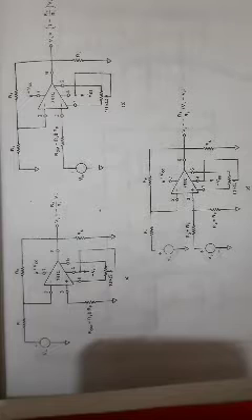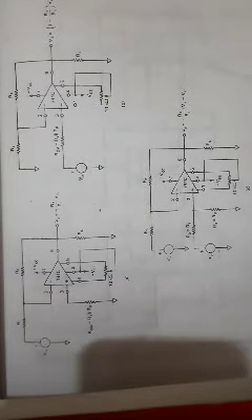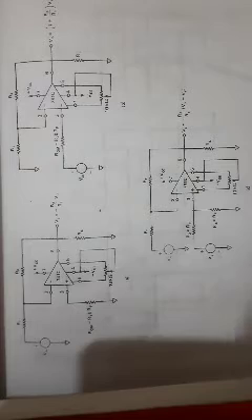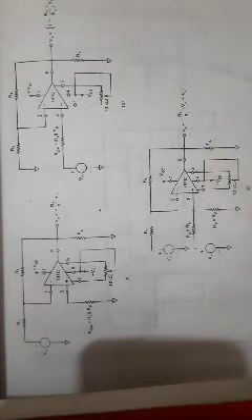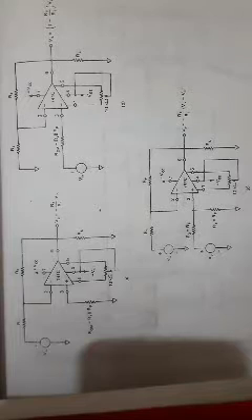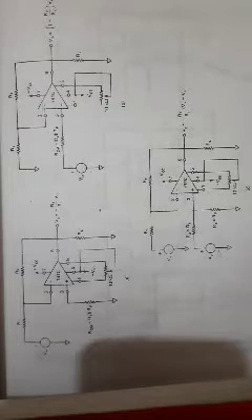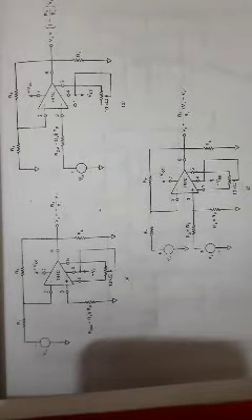But sometimes we may get some output even though the input is 0. That output voltage when the input is 0 is called the offset voltage. Usually the op-amp IC 741 has an inbuilt offset null circuitry.